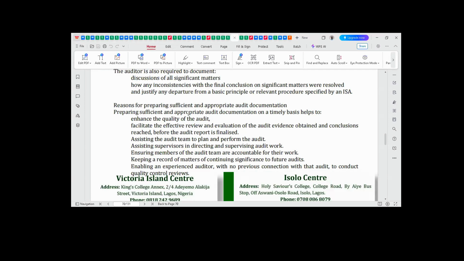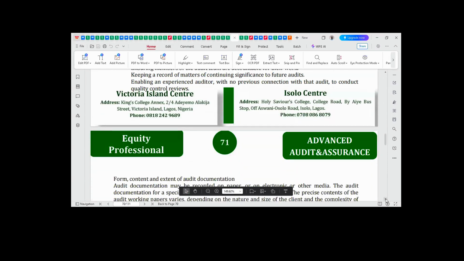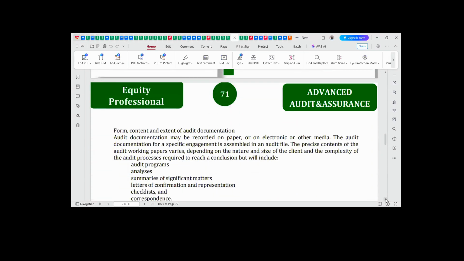But by going through and evaluating the audit documentation that has been done, he can have a better understanding of what has been done so far, and which areas need further audit procedures, so that they're able to ensure that the audit firm is not exposed in any way. So these are some of the reasons, the significance and importance of audit documentation. I hope that is clear.